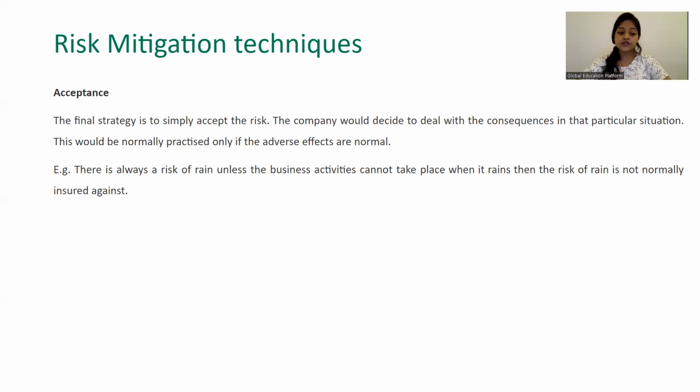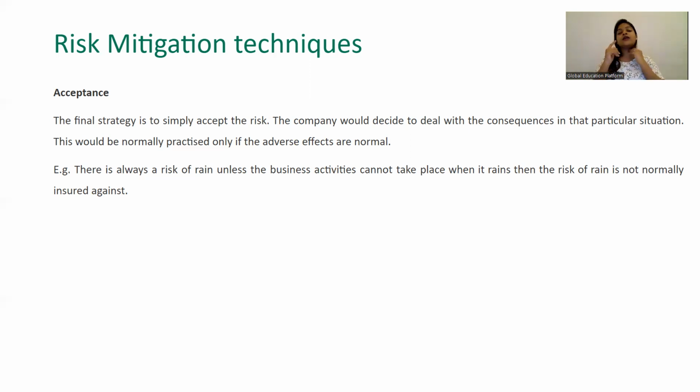Then after addressing the theoretical element, you move on to applying it to the organization. Once you've addressed the risk in the particular organization of your choice and the risk mitigation strategies, you connect how they could be applied to the chosen organization.